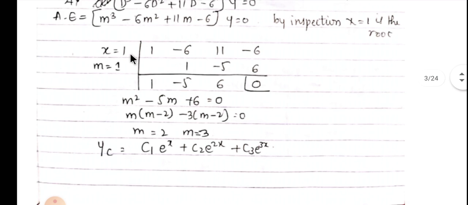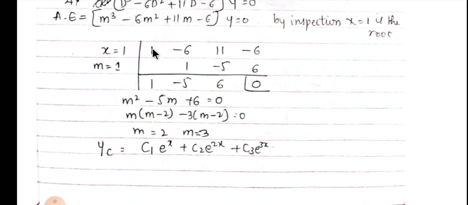Therefore, by inspection, I can say that x is equal to 1, and please write the coefficients: m cube coefficient is 1, m square coefficient is minus 6, m coefficient is 11, and the last term minus 6.